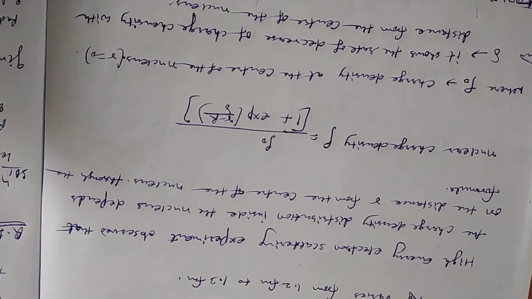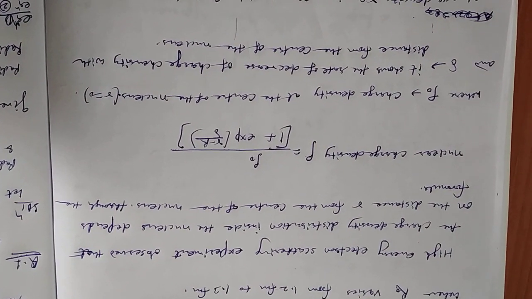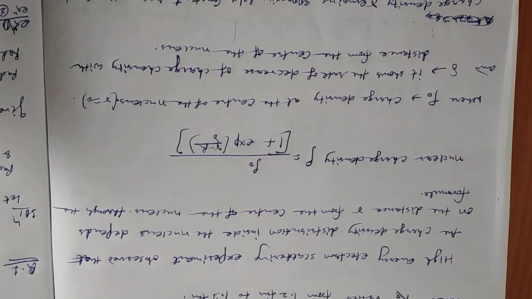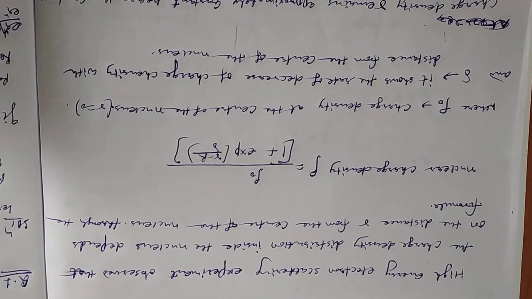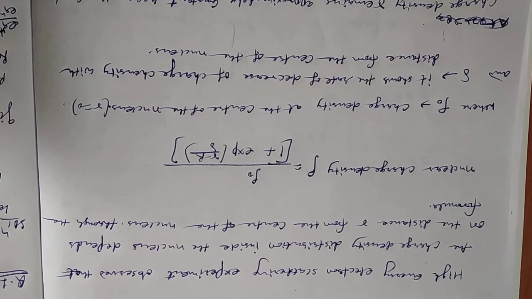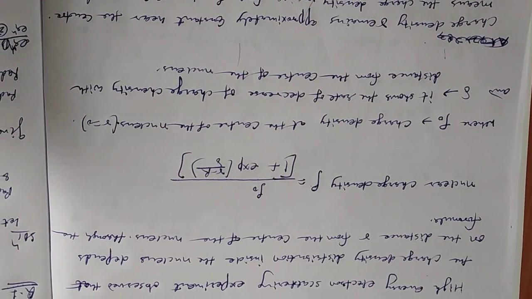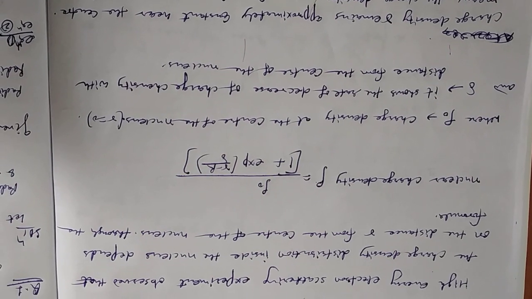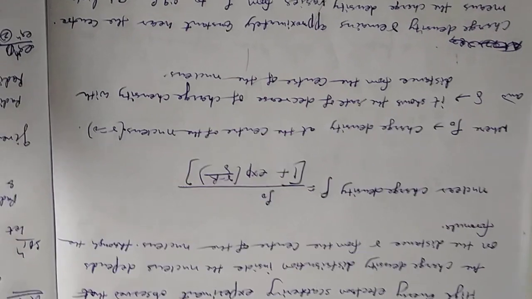Charge density remains approximately constant near the center of the nucleus, which means the charge density varies from rho0 to 0.9 rho0 as the distance r from the center increases.